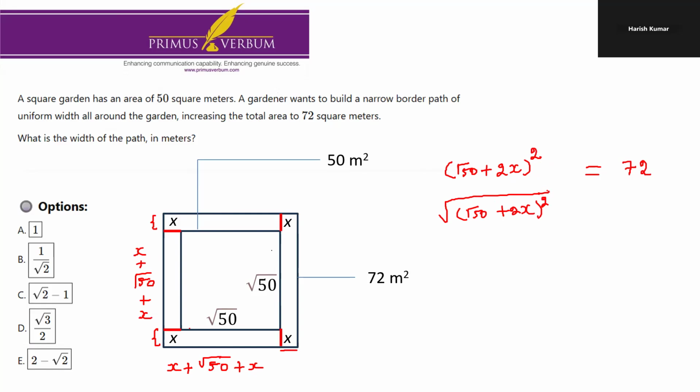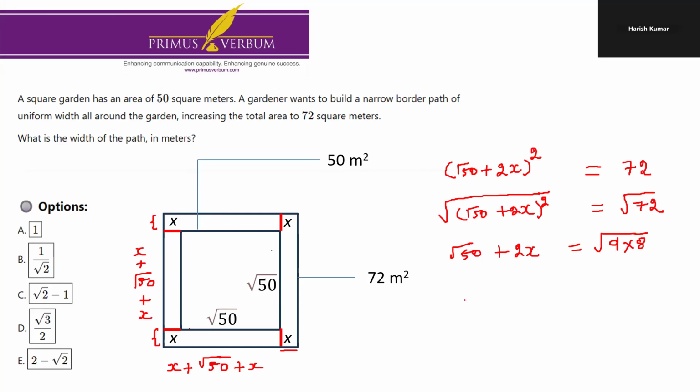If we take the square root on the left hand side, we can also take the square root on the right hand side. We can do this because the values are all positive. There are no negative values anywhere. So this is going to give us root 50 plus 2x is equal to root 72, which is root of 9 into 8.